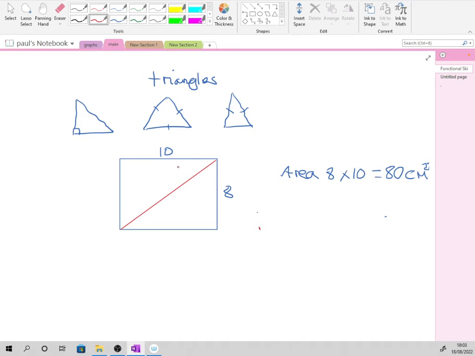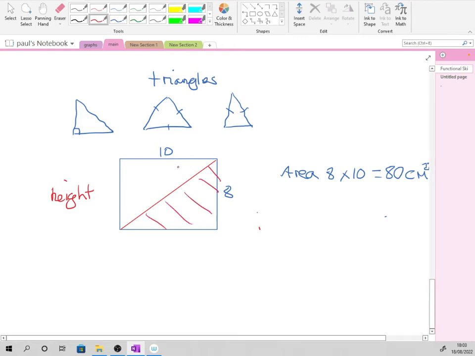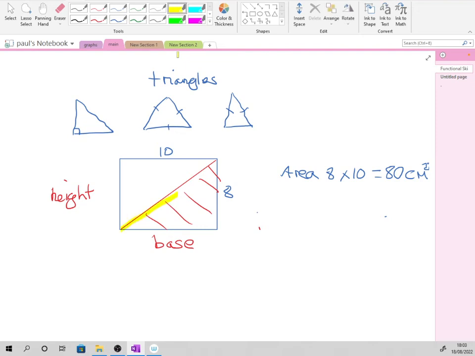So we shall call this the height, because now we're just looking at the triangle, and we'll call this the base of the triangle. So we've got a triangle like this, a lovely big yellow triangle.